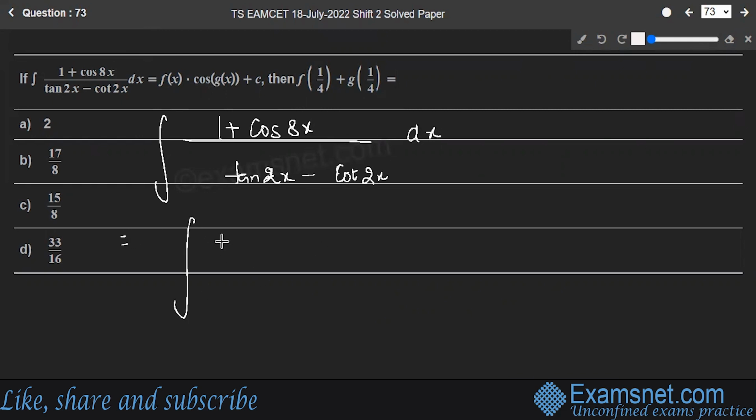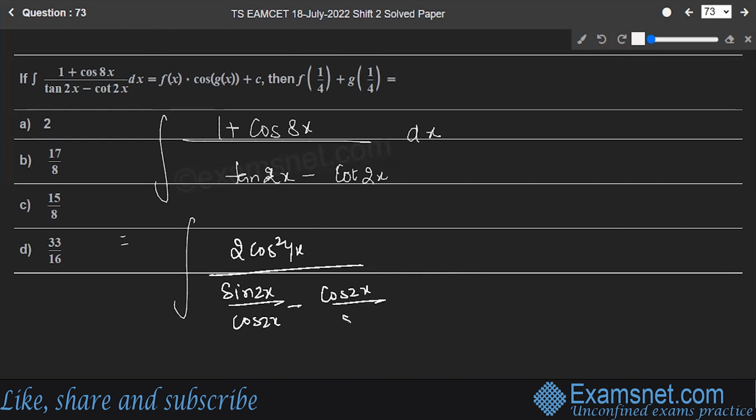That is equal to 1 plus cos 8x, which can be written as 2 cos square 4x. And here you can write sine 2x upon cos 2x minus cos 2x upon sine 2x dx. Let's solve it further.